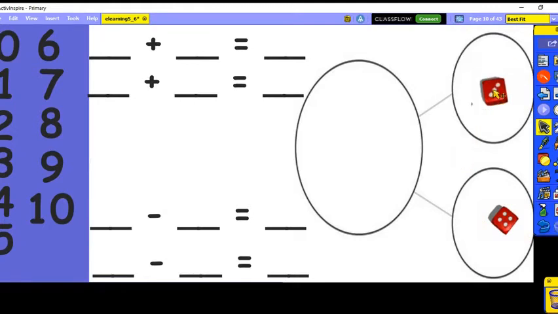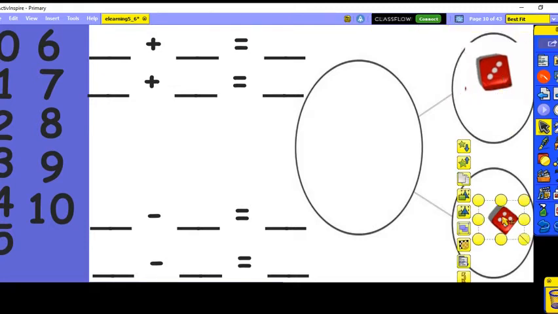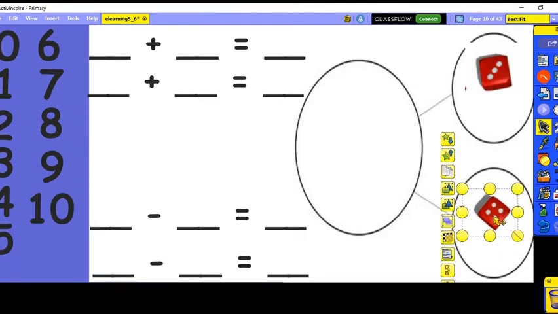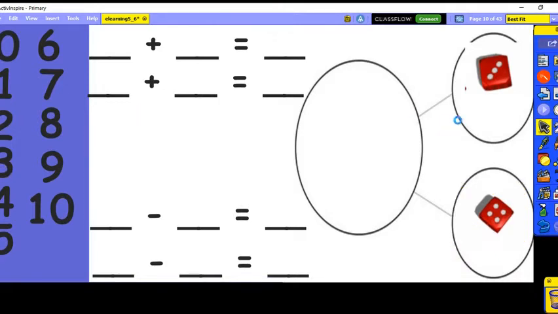So here's 3. Make it kind of big. Here's 4. Make it kind of big. And then let's use the numerals for both of those. Let's find the numeral for 3 over here and put it in our number bond. Let's find the numeral for 4. Here it goes. Over here to our number bond.